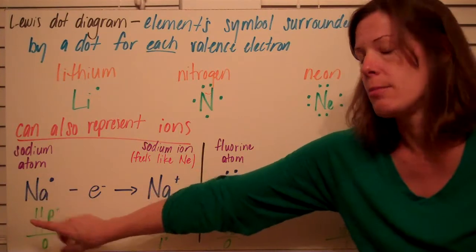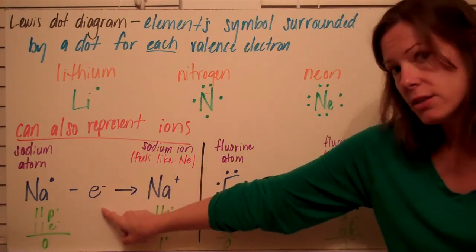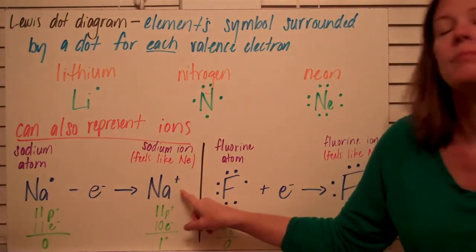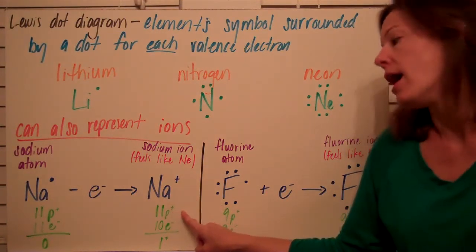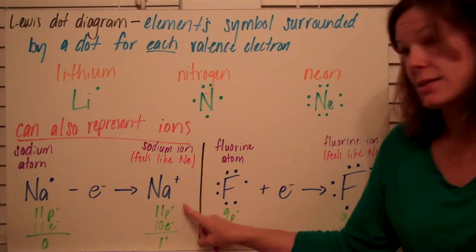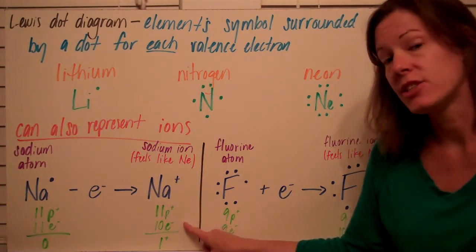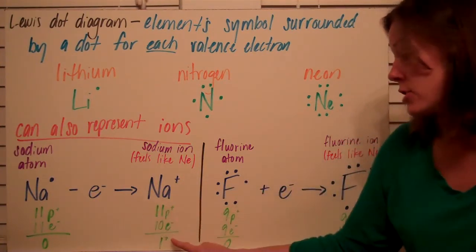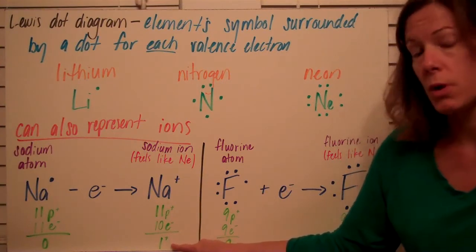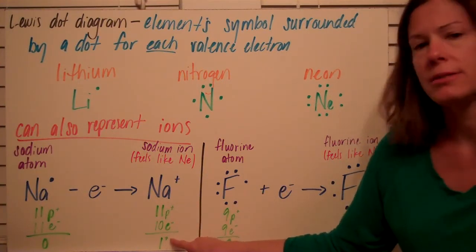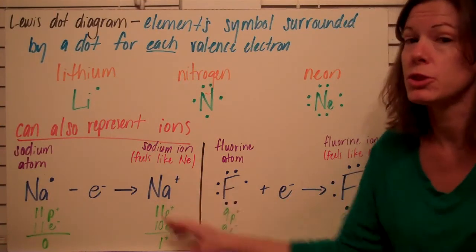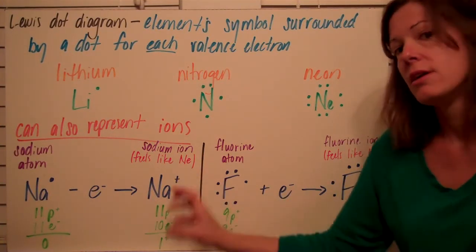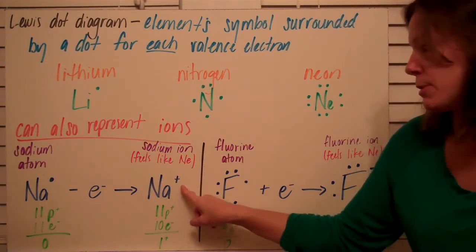That's a neutral atom. But when it loses its valence electron, it's going to become an ion. So it will have 11 protons, because that can't change, and 10 electrons, because it lost that 1 valence electron, so it has a charge of +1. Scientists always write it with the plus afterwards, so it would be Na with a plus next to it. We don't show the 8 electrons when it's an ion like that. We just put the plus.